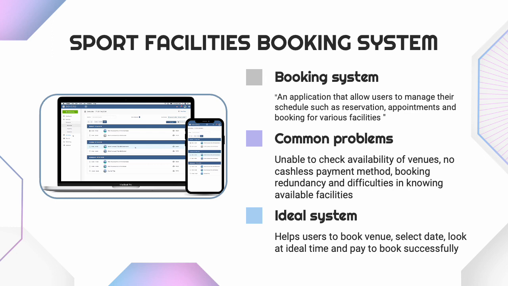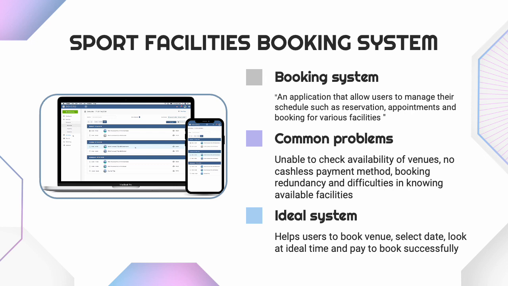And the common problem that we found based on our experience and also literature is that some of the booking systems are unable to check the availability of the venue, and there are some problems to pay once we want to use the facility. There are problems like booking redundancy, and also it is difficult to know the availability of this facility.